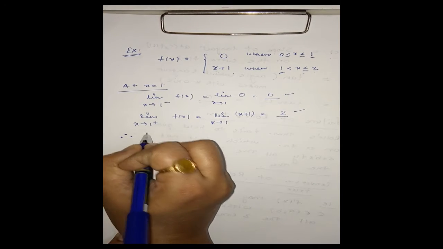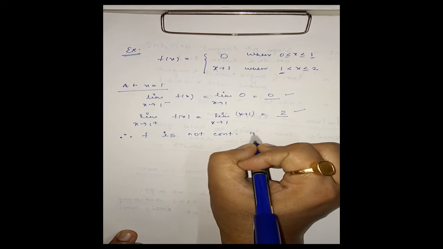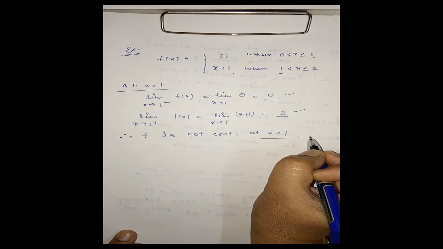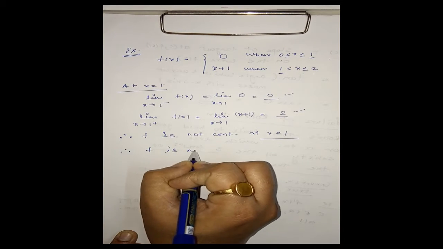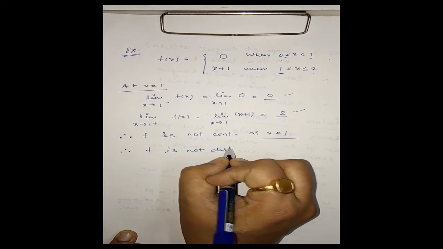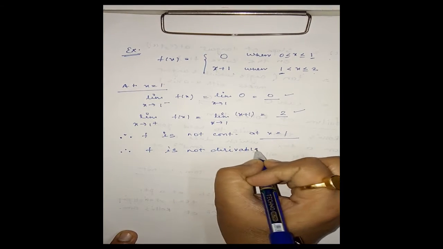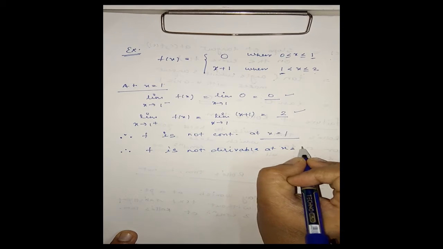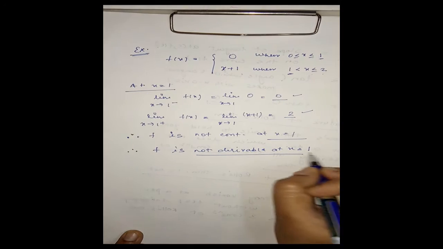Both limits are unequal. Therefore f is not continuous at x equal to 1. Since it is not continuous, f is not derivable either, since we know differentiability implies continuity. Therefore it is not derivable at 1.